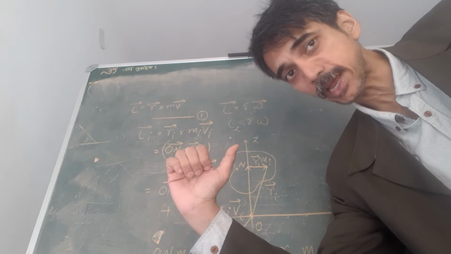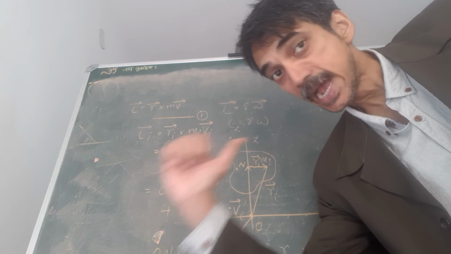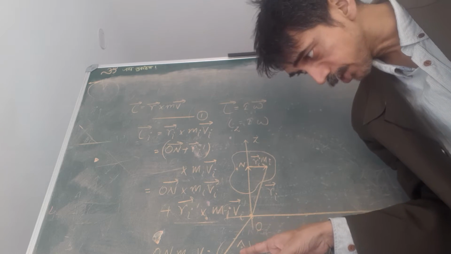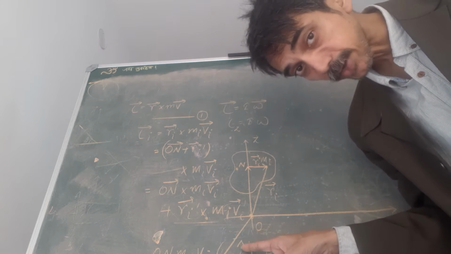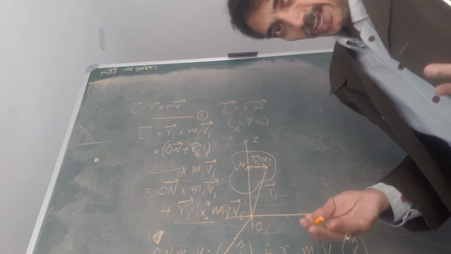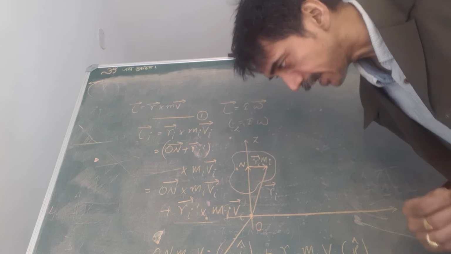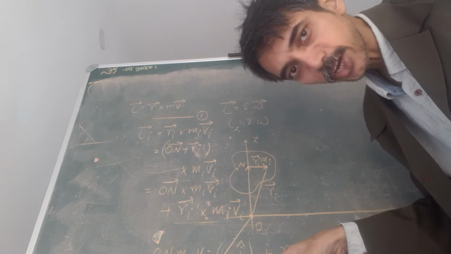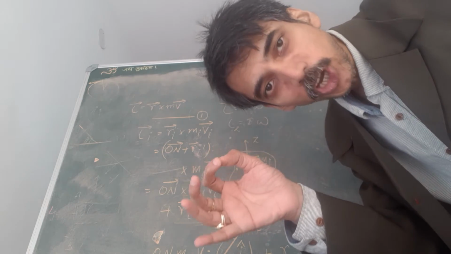If I curl my finger from ON to MiVi, I get the direction, which is now not in minus z but in plus z. Which of course is an endorsement that on taking any particle, the first factor will be directed towards the axis of rotation.